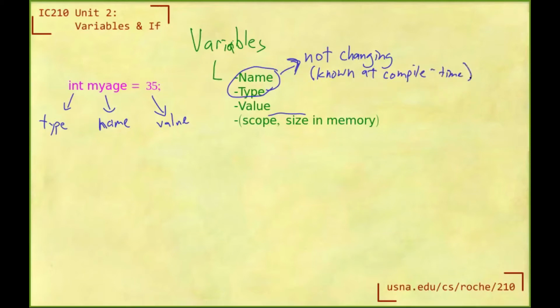So they don't depend on how the program is run, who types something in, or anything else. But the value can depend on what somebody types in. And so that's what's generally going to be different every time you run your program. And that's really important, and actually is important for how we think about how errors can happen as well.